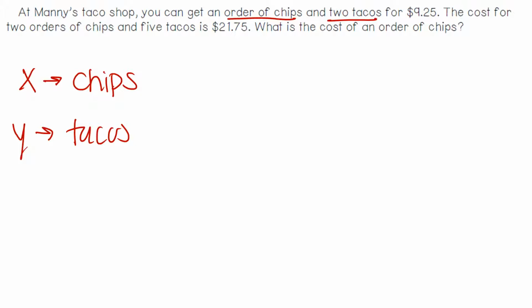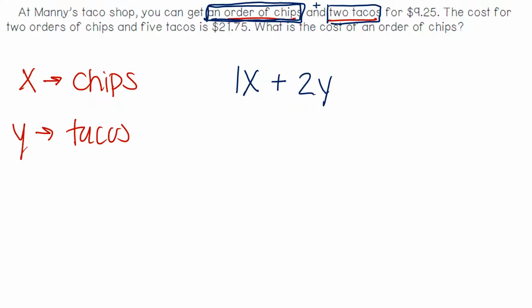Now for our equation, we're going to reference an order of chips. An order is 1, so that's represented by 1x. The word and is a plus sign. And then 2 tacos, so 2y. And our total is $9.25. We go in order.